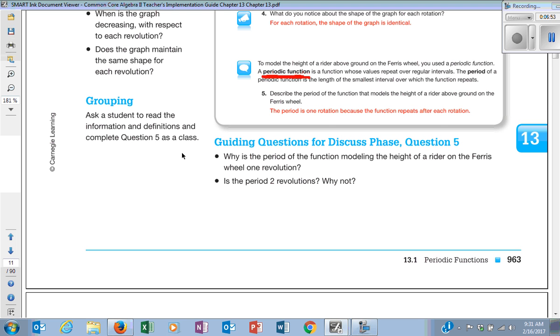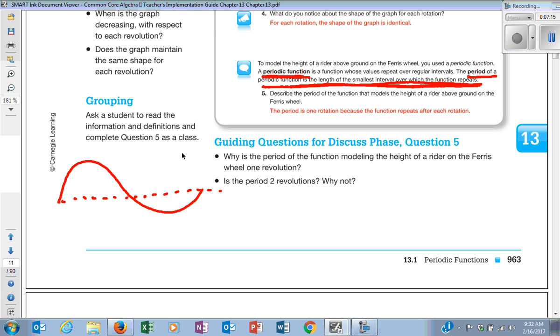Now a period is the length of the smallest interval over which the function repeats itself. So how long it takes for the function to repeat. Sometimes you have a graph like this, and we have this line right here, and then it repeats.